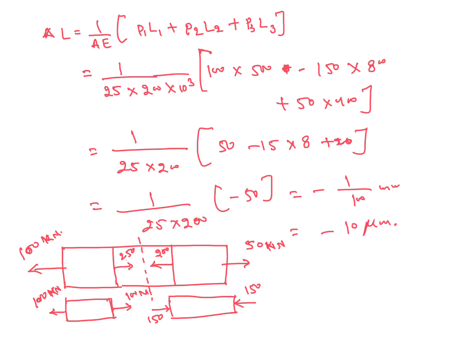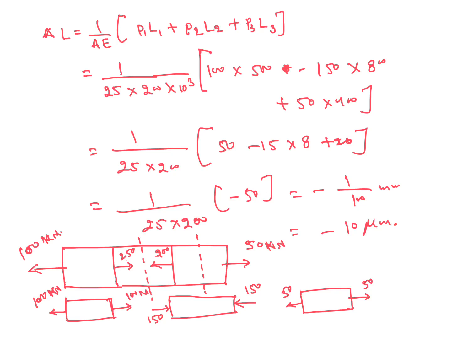For the third figure, if you take the right side or left side, 200 minus 150, it's 50 kilonewton. From here you will get P1, P2 and P3.